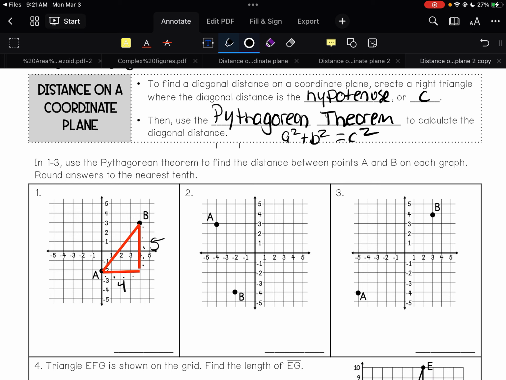So I get A squared plus B squared is equal to C squared, which is going to be 4 squared plus 5 squared is equal to C squared. 16 plus 25 is equal to C squared. 16 plus 25 is equal to 41.